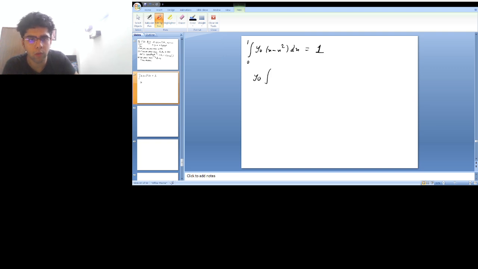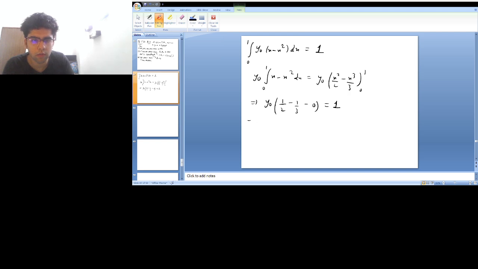So I can take out y0 because it's a constant term. So this becomes integral 0 to 1 of x minus x square dx, which is equal to y0 into x square by 2 minus x cube by 3, 0 to 1, right? And this becomes y0 into 1 by 2 minus 1 by 3 minus 0 is equal to 1, and this becomes y0 into 1 upon 6.